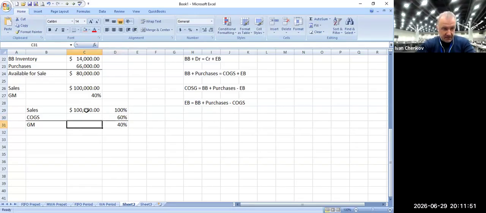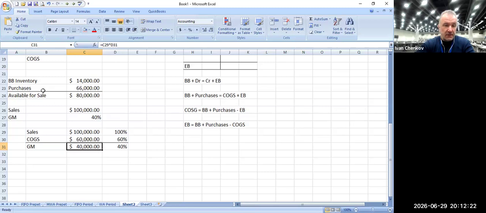Now, if my sales are $100,000 and 40% of those sales are my gross margin, I can easily calculate my gross margin. That will be 100 times 40%. Now, what's left for my cost of goods sold? 100 minus 40,000, 60,000. So now I know that.